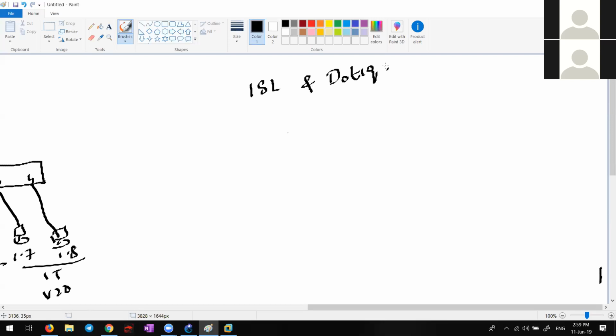ISL, inter switch link. ISL is a Cisco proprietary frame tagging method.